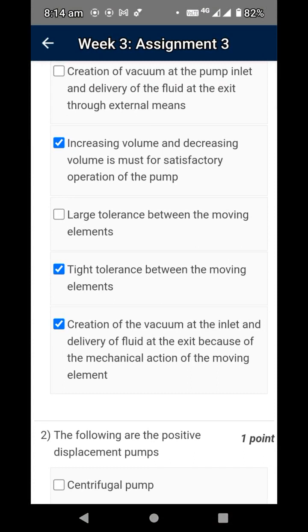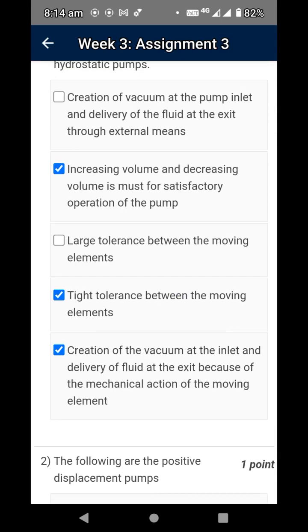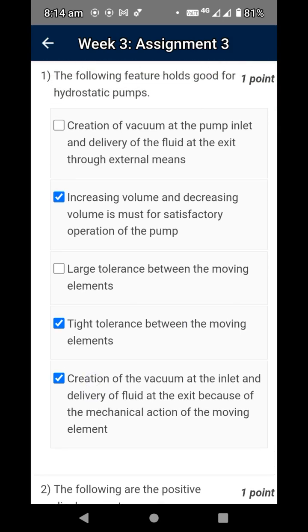And increasing volume and decreasing volume is the most satisfactory operation of the pump. In the case of a positive displacement pump, initially the vacuum is created by the unmeshing of the gears. In the unmeshing portion of the gear, the volume expands and increases, and then the volume decreases in the meshing part of the gear.